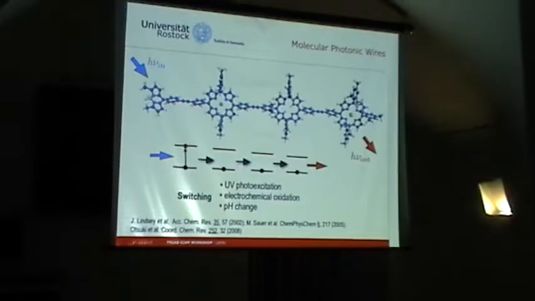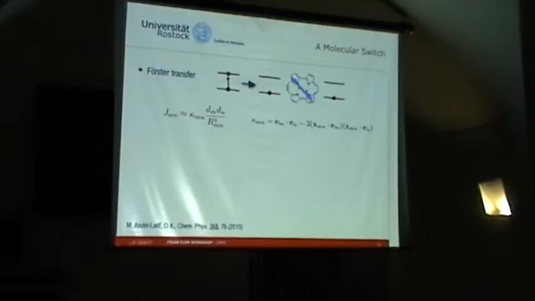Okay, we want to have a fast switch, and we come now to this molecule, which looks pretty much like the porphyrin I showed you all the time. So what's the idea then? If you think of this transfer as happening via Förster transfer, then you have the dipole-dipole approximation. That's a pretty good approximation because these things are pretty far apart.